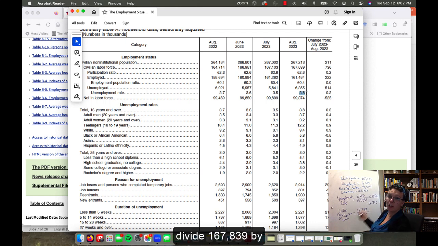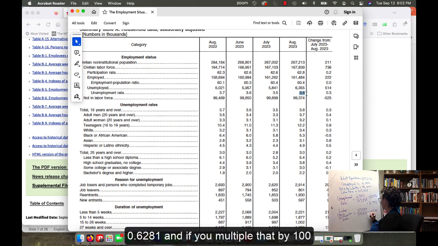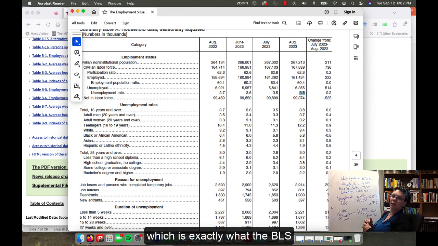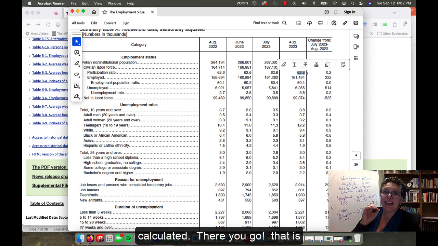If you divide 167,839 by 267,213, you get 0.6281. If you multiply that by 100, you get 62.8%, which is exactly what the BLS calculated.